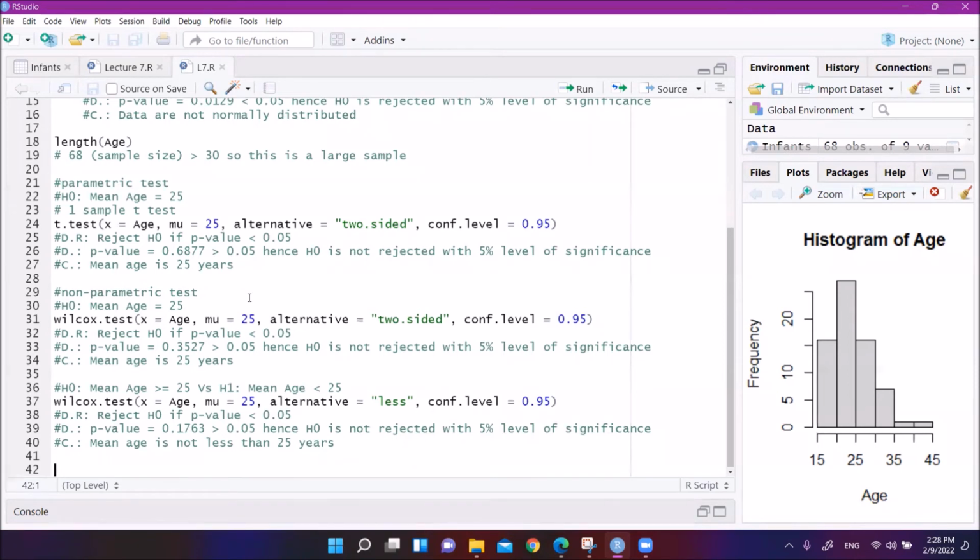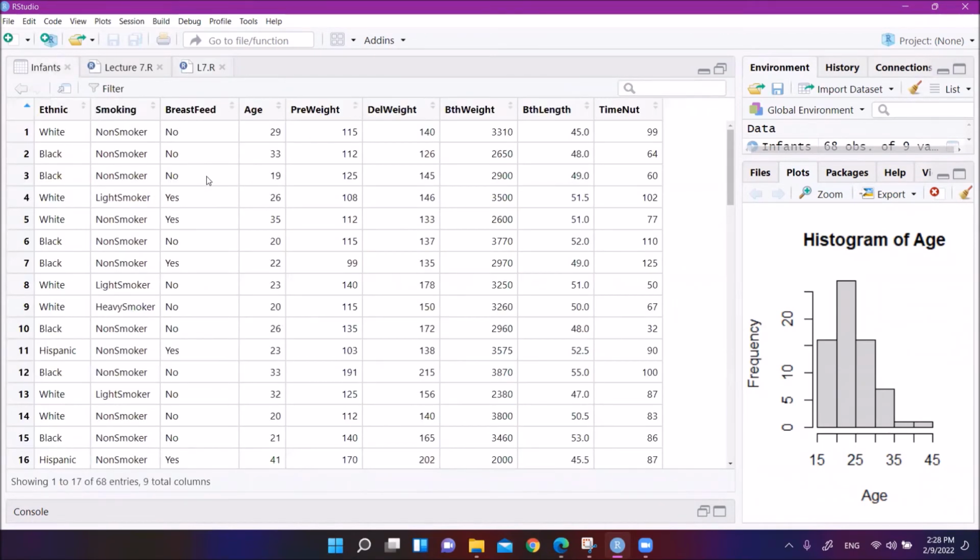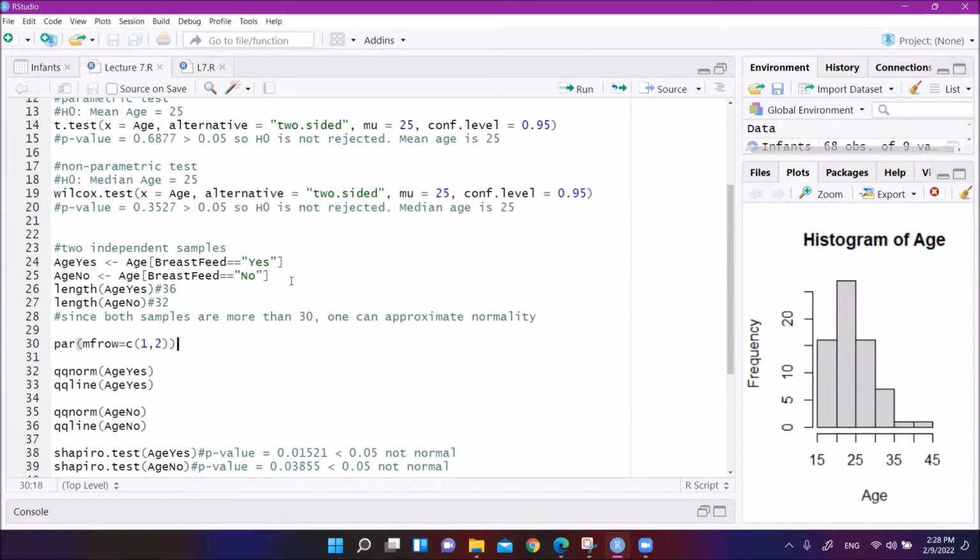Makes sense, right? So for that, I have to have two independent data sets. So how am I going to do that? Let's just copy paste.